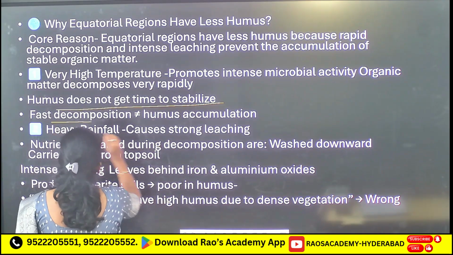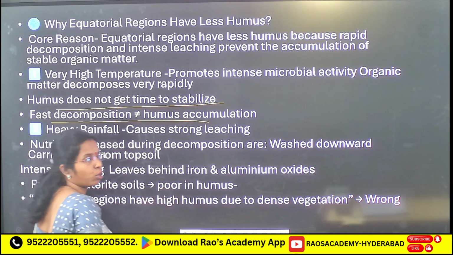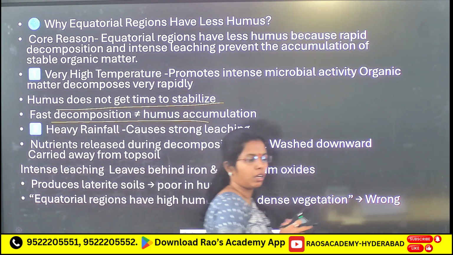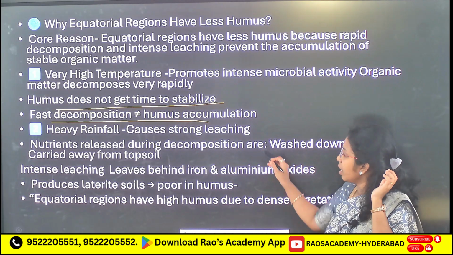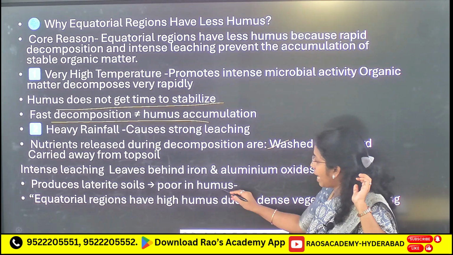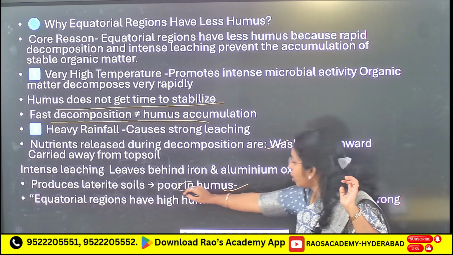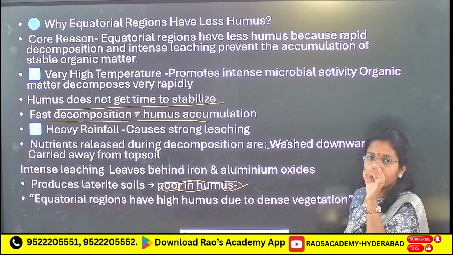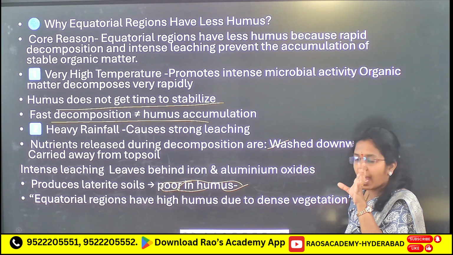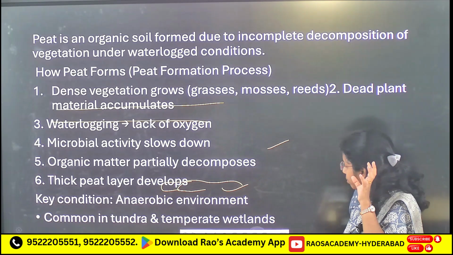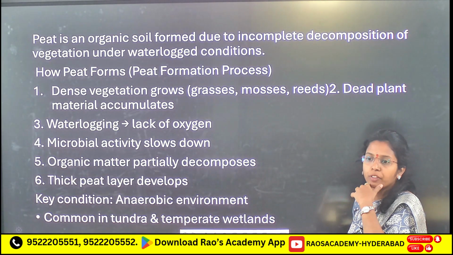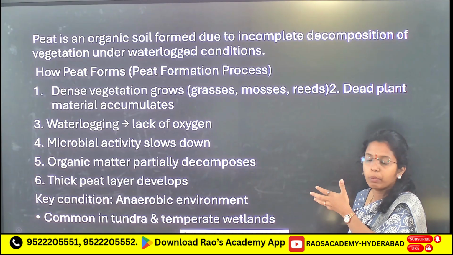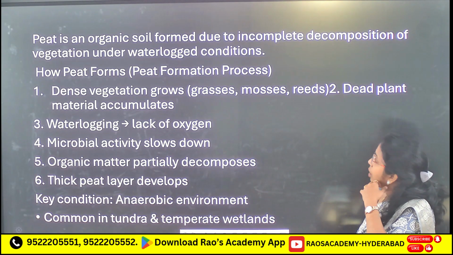Here fast decomposition, so humus accumulation does not happen because they are washed away because of heavy rainfall. Laterite soils are poor in humus but very rich in iron. Based on that, one of the prelims questions was framed on the equatorial region.